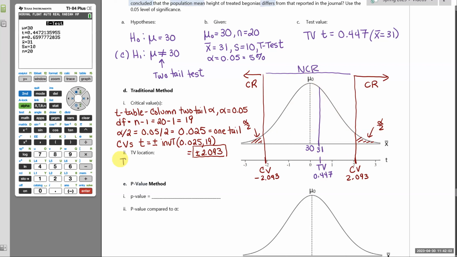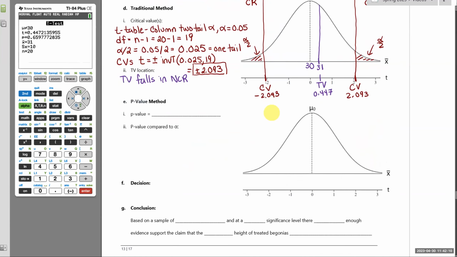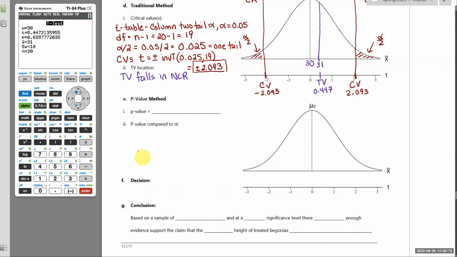So my test value falls in non-critical region, which means that our decision, I'm just writing it once down here because both methods will give the same decision. So when you're not critical, do not reject the null. So we do not reject H naught. So 31 is not different enough from 30 to convince me that 30 is incorrect.